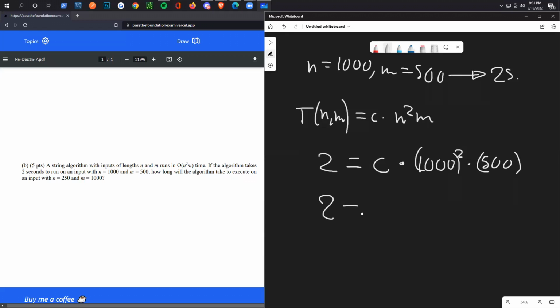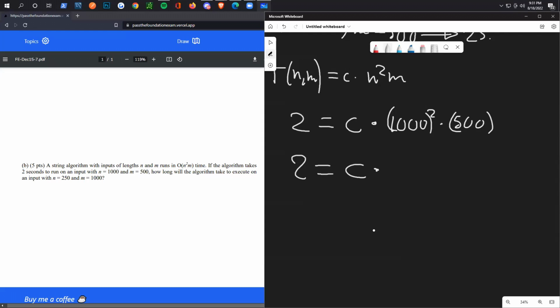So 2 equals C times, and what I'm going to do here is rewrite this value. So 1000 is really 10 to the 3. So 10 times 10 is 100. 100 times 10 is 1000. So I'm going to rewrite this.